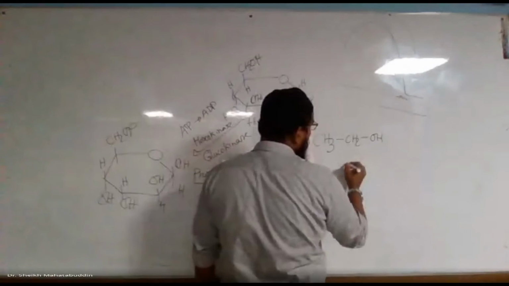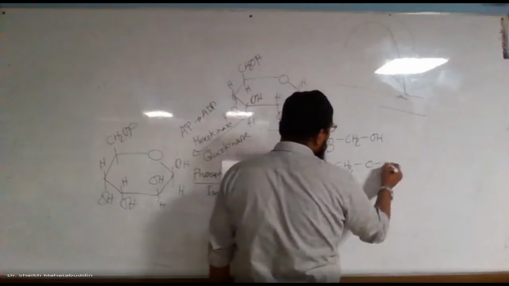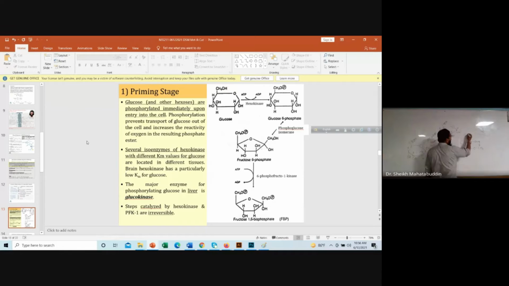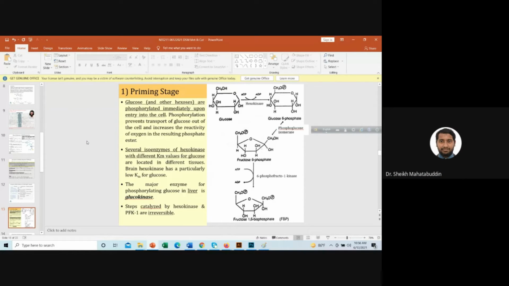CH3CH2OH and CH3OCH3 both have the formula C2H6O. This one is C2H6O, this one is also C2H6O. So this one is known as an isomer of the second and the second is known as an isomer of the first. And the process by which they interchange is known as isomerization. So you should remember the previous studies, it is very important for you.